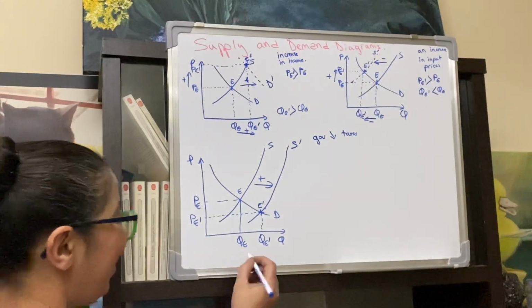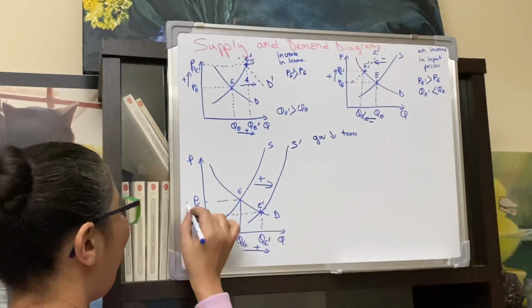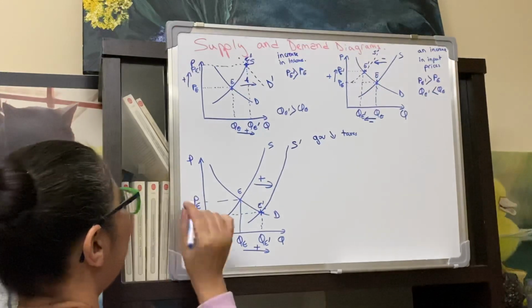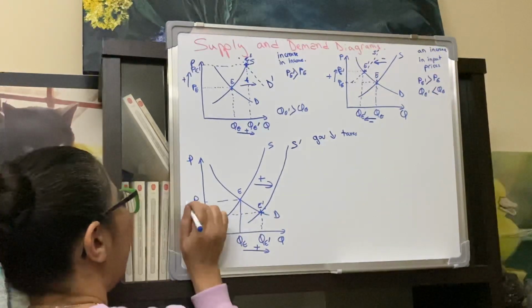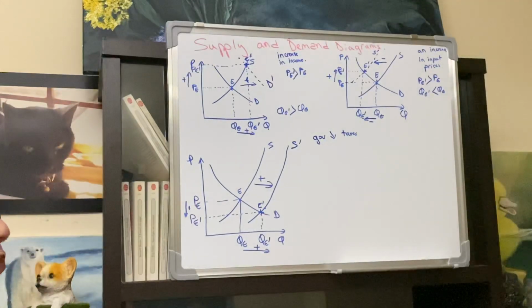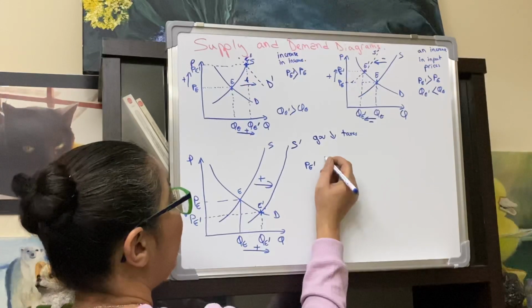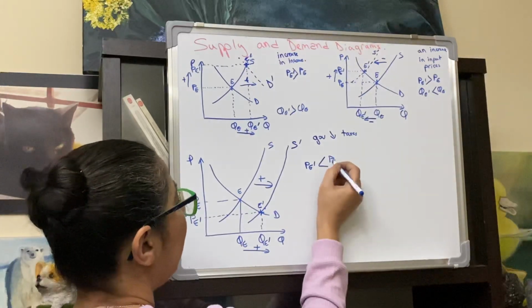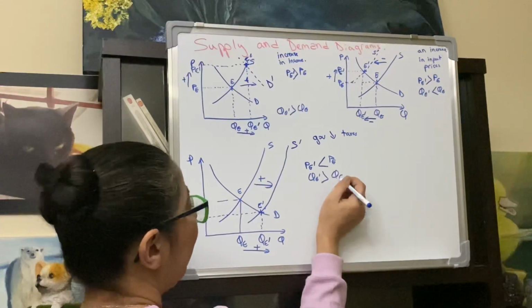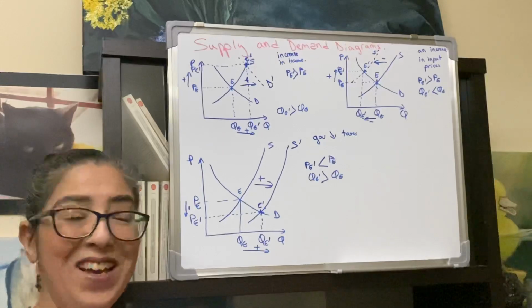So we notice that the quantities increased while the prices decreased. PE prime smaller than PE. And QE prime bigger than QE. So we're buying more for less money. That's good.